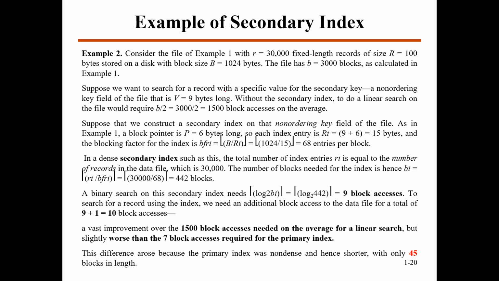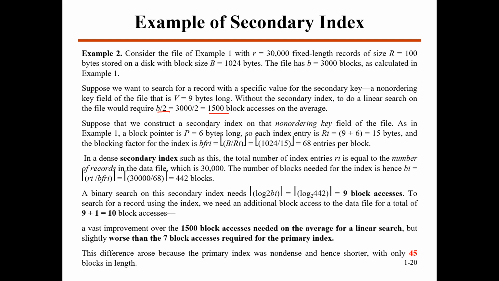Suppose we want to search for a record with a specific value, which is a non-ordering key field, and the size is V equal to 9 bytes. Without the secondary index, if we do the linear search, then we know that the linear search is b divided by 2. It will give us 1,500 block accesses on average, 3,000 divided by 2.